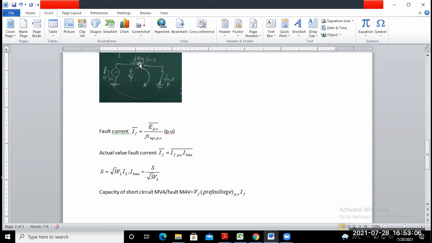Up to this point, Jx equivalent and E are given, and here suppose the fault impedance ZF is given. So just add in the denominator Jx equivalent in per unit plus ZF, that means the fault impedance.